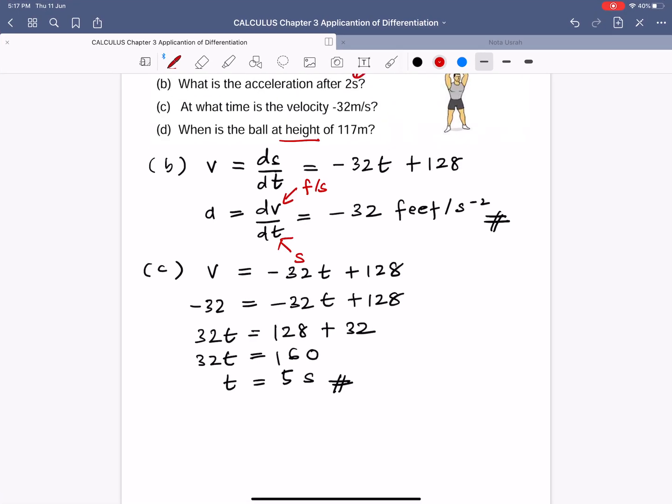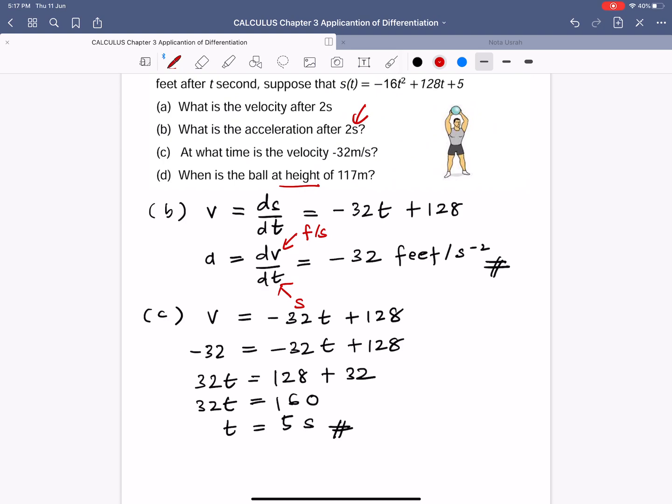Just now from the question, we have s equals negative 16t squared plus 128t plus 5. And we know from question D that s is 117.